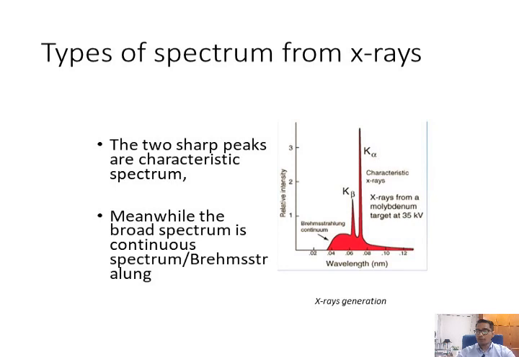We have number 1 is the sharp one, which is the characteristic X-ray, and on the left we have Bremsstrahlung continuum spectrum. So these two types of spectrum are important to indicate the crystallinity of your materials.